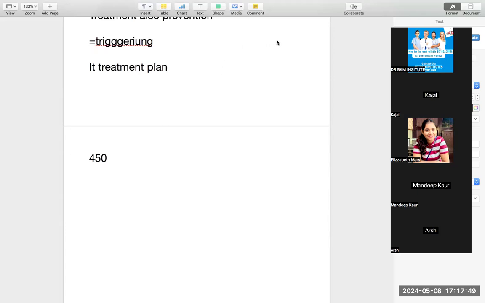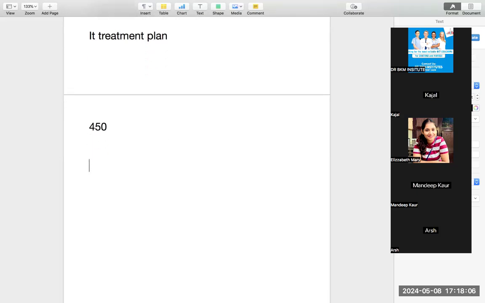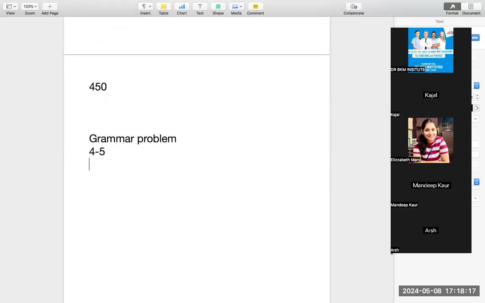The maximum marks are for the patient-nurse, patient-doctor, patient-pharmacist or patient-physiotherapist interaction. Whether you are a pharmacist, a doctor or a nurse, it is important to satisfy the patient. Even in OET speaking, if you make four or five grammatical mistakes, you can still get more than 400.